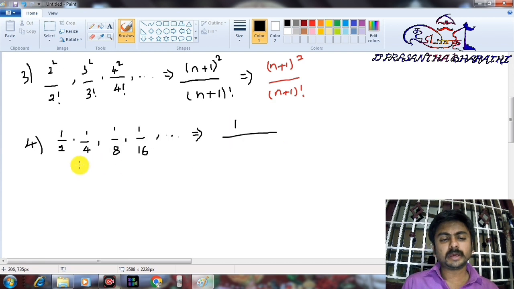In the denominator, for the first element we are having 2 power 1, for the second element 2 square, for the third element 2 cube, for the fourth element 2 power 4. So that is 1 divided by 2 power n.